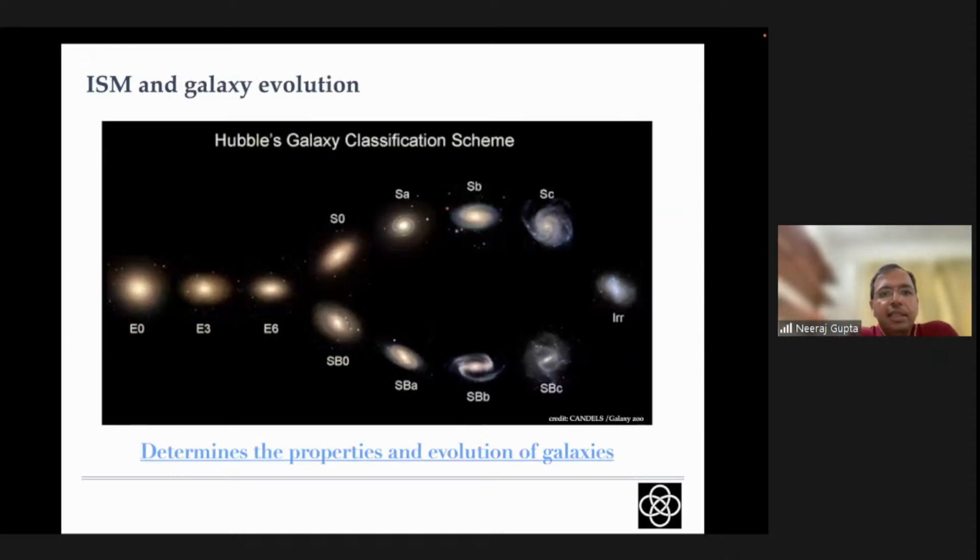So this is the famous tuning fork diagram, which I'm sure all of you are familiar with. This is what I was referring to, that there are these various physical processes through which a galaxy may evolve from one form to the other. On the left-hand side, we have early type galaxies, which are primarily bulge dominated. They have old stars.